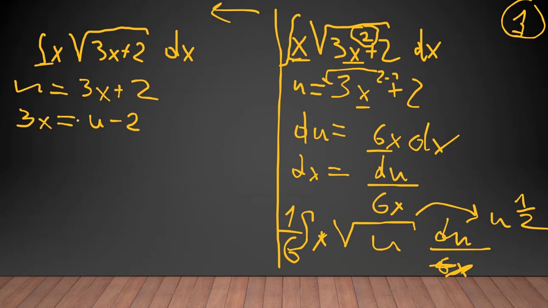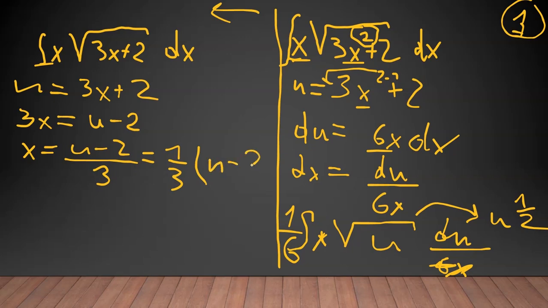Right, and from this we can divide it by 3. Then we have that x equals u minus 2 over 3, which is the same as a third times u minus 2.